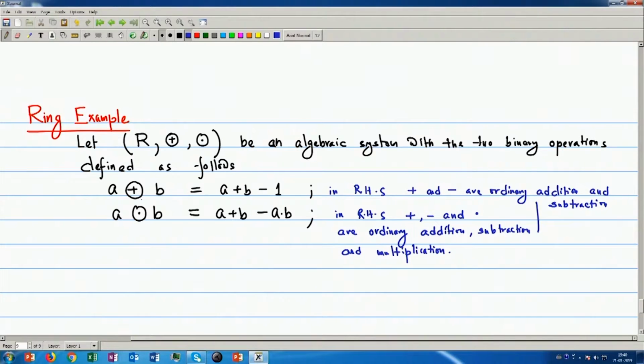Now, we check whether this algebraic system R with these operations becomes a ring or not.